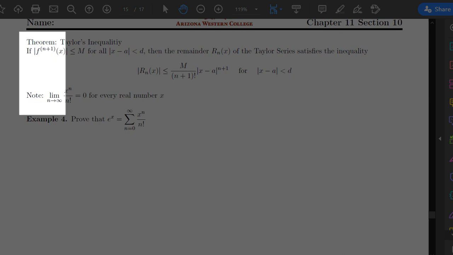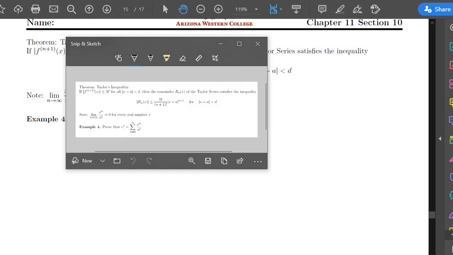The next thing we want to talk about is Taylor's inequality.